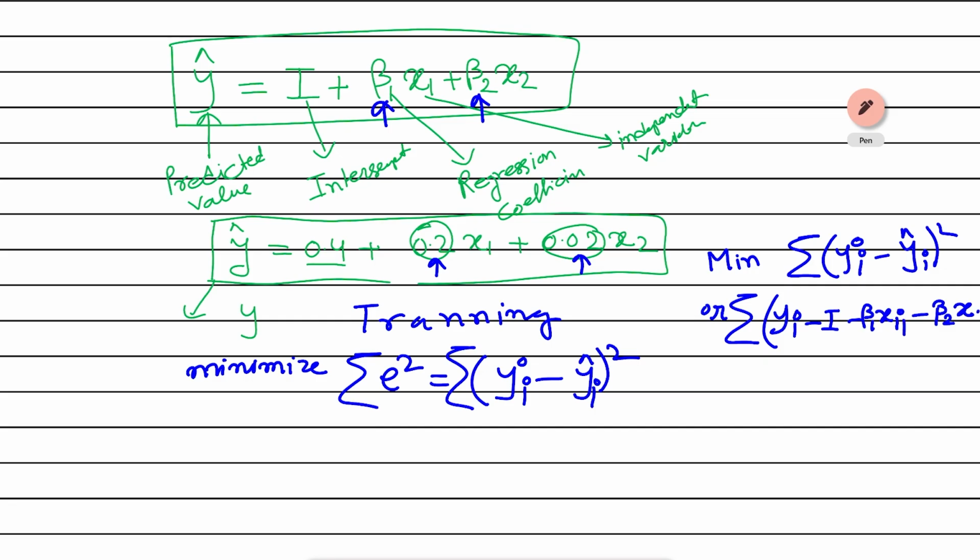xi1 xi2, and you are subject to beta 1 being from minus infinity to plus infinity, and beta 2 also lying between minus infinity to plus infinity.